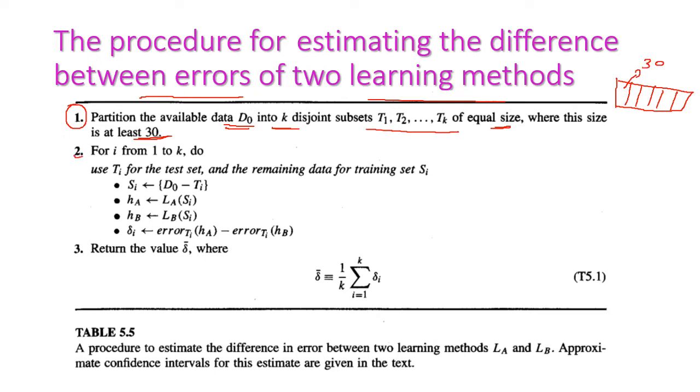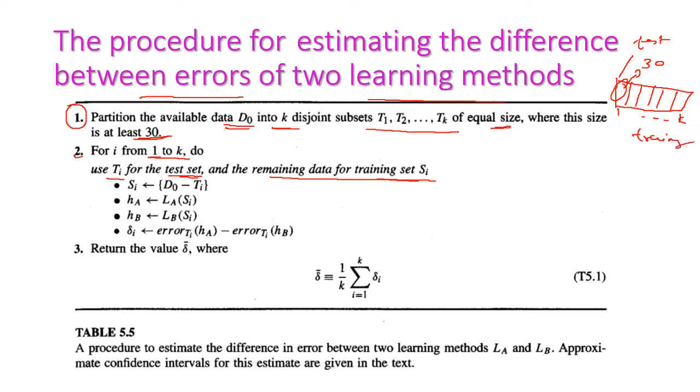Here for i equal to 1 to K, so this is 1 and this is K, etc. Use Ti for the test set and the remaining data are the training set Si. Initially we can take this one as the test set and the remaining are the training set.